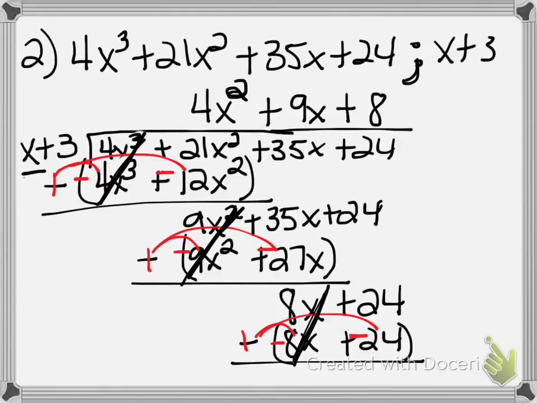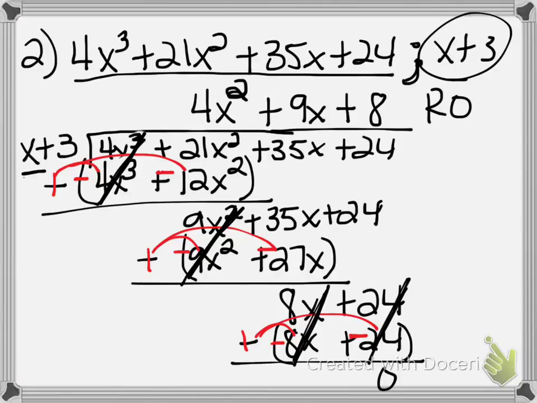That eliminates. 24 plus negative 24 also eliminates. So I have a remainder of 0. Now normally you don't have to write remainder of 0. I'm just writing that here to prove that x plus 3 is a factor of this polynomial because I got a remainder of 0. So we can say x plus 3 is a factor.